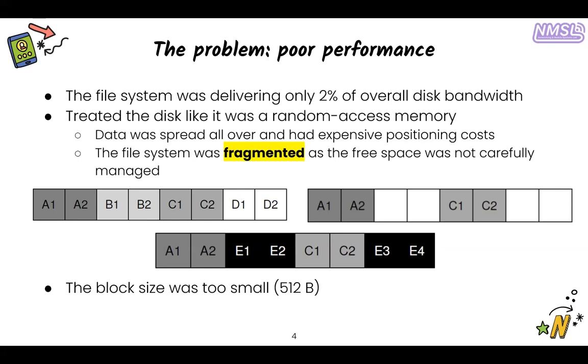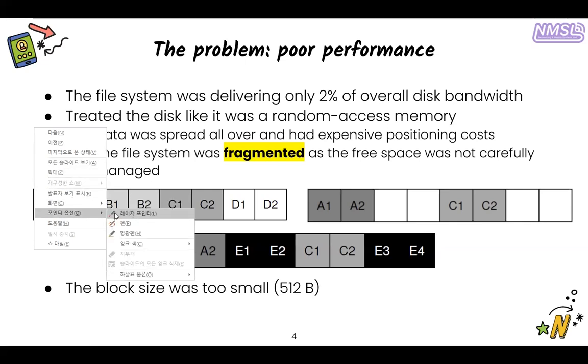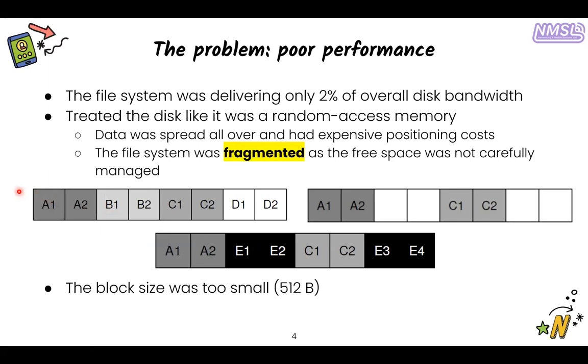The system was also fragmented as the free space was not carefully managed. As we've seen previously, let's say we had allocated A, B, C, D, and let's say B and D get deleted.